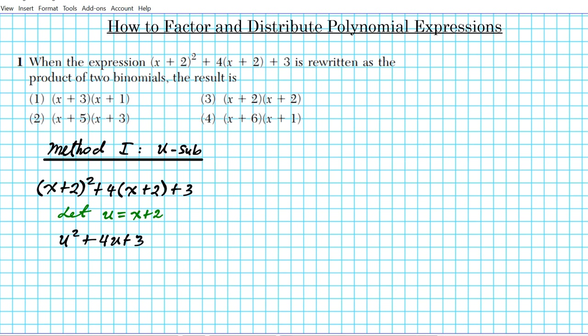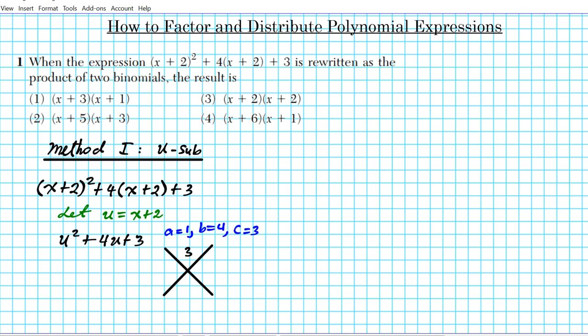Okay, so we're going to factor this quadratic trinomial using the AC method or the X game. So in this situation here, AC is 3, because you note that, let's put the side information. In this particular quadratic trinomial we have right here, A is 1, the coefficient of the second degree term, B is 4, and C is 3.